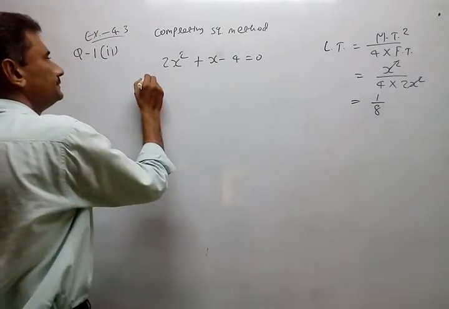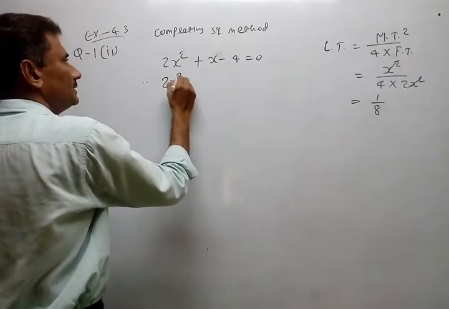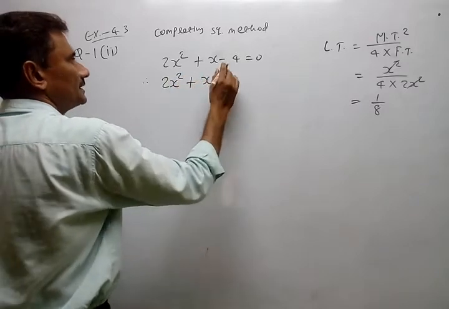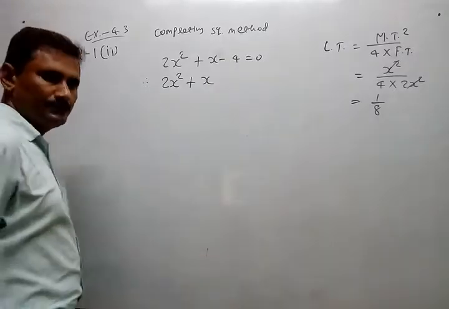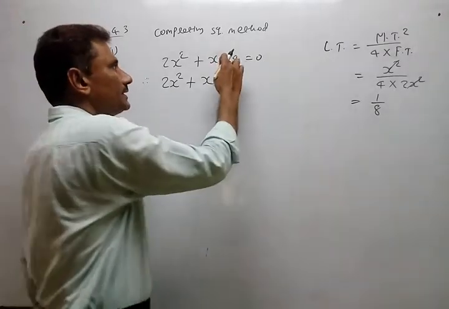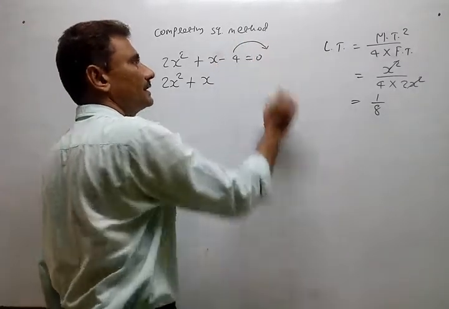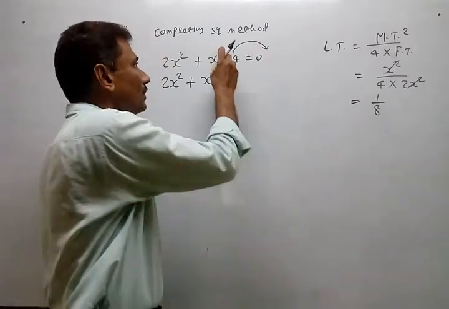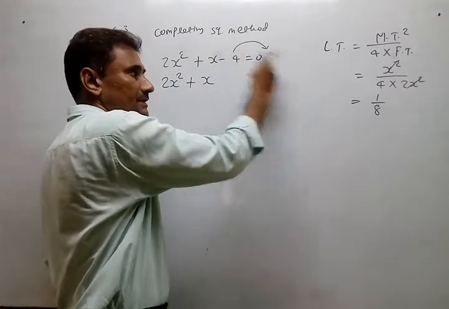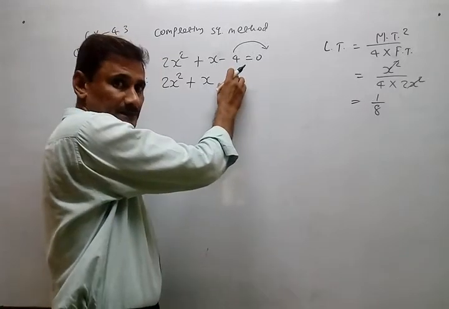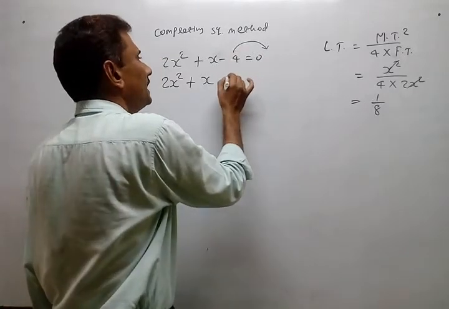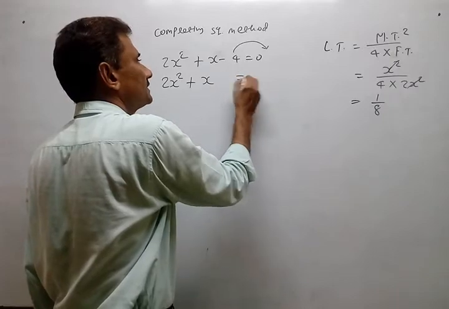Now in 2x square plus x, actually 1 by 8 is required here, and here minus 4 is given. So obviously that term has to be shifted to the right side, because we want to place this term here. First of all make free space, so I shift it to the right side.